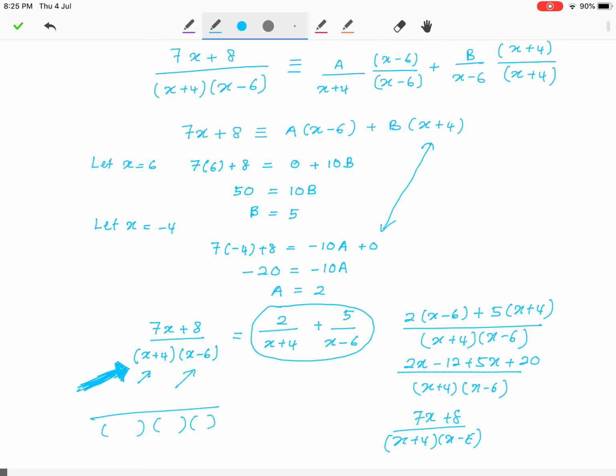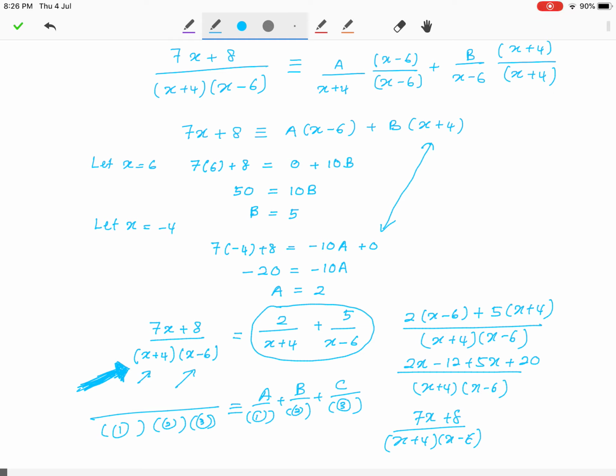If you have three brackets, immediately you will say that this is a over the first bracket, plus b over the second, and c over the third one.